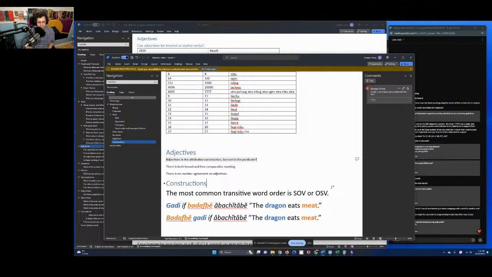For now, though, the plan is I'm going to get some basic constructions laid out, get how to form questions and things like that, and get this language to a point where we can start translating or writing basically.